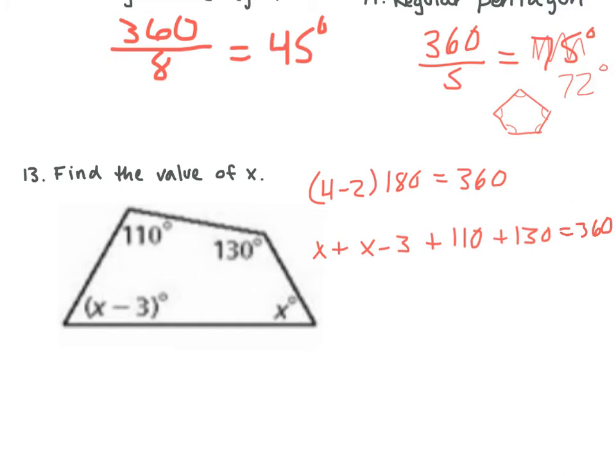So now we need to combine all the like terms. Since we have two x's, we just put 2x. And then we have 237. So we subtract 237 from the left and from the right.